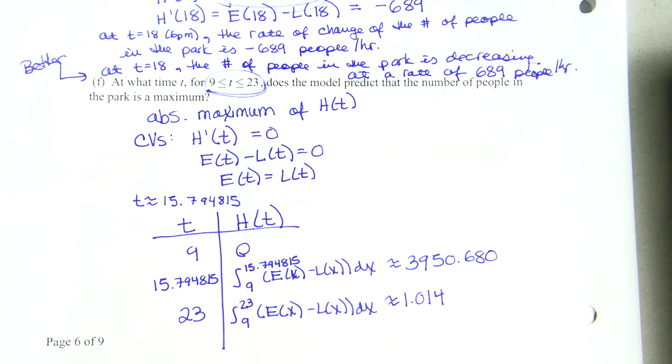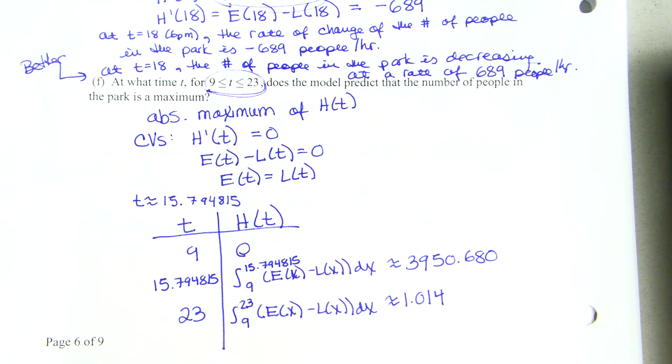There's one person left in the park at time 23. I'm really bored with reading number answers coming in Edpuzzle. Here's what I want. You're going to tell me why that one person's left in the park. Give me a good reason. Why is that person left in the park? I look forward to reading your answers tonight. You know how there's always like one person who just gets lost, and I don't know. I look forward to seeing what you guys come up with.